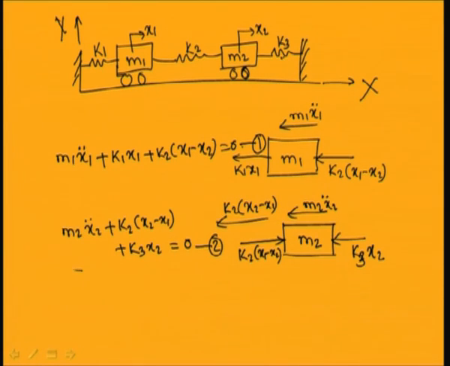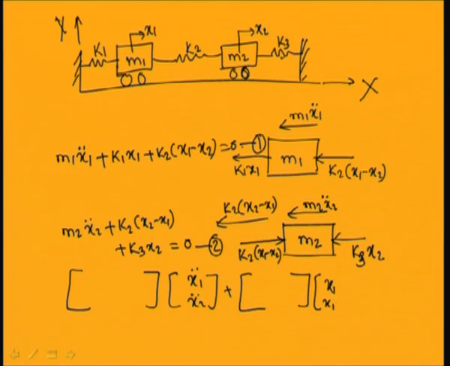You can write this as mass matrix into x1 double dot, x2 double dot, plus stiffness matrix into x1, x2, equal to 0, 0. It is 0, 0 because there is no force acting on the system and you are considering free vibration.